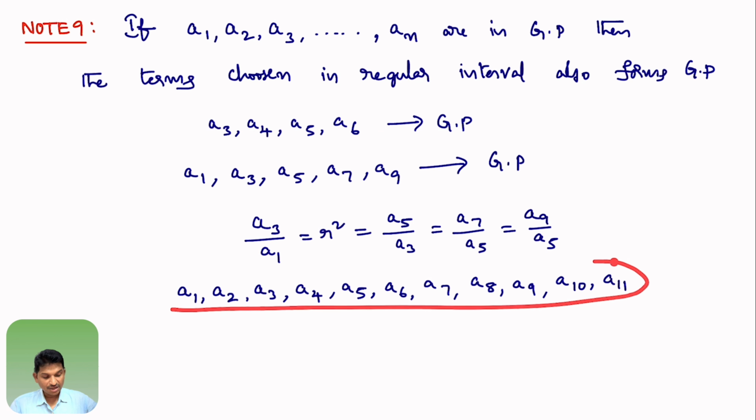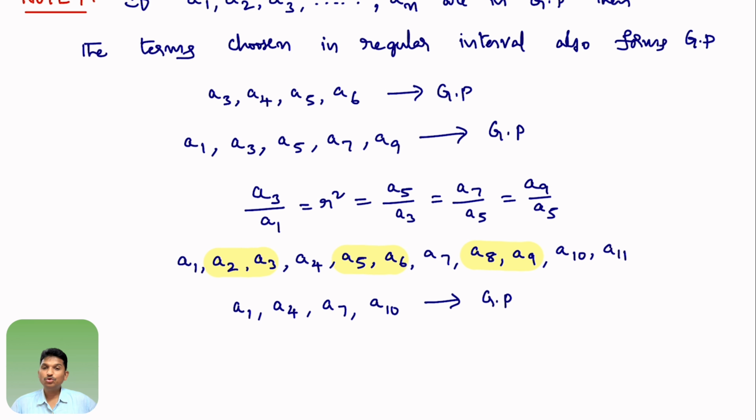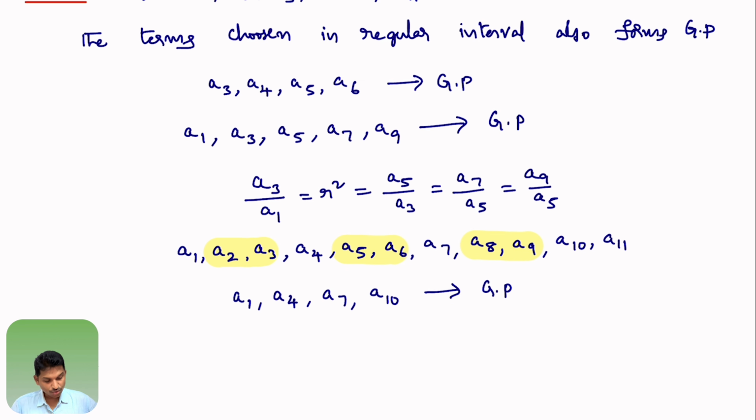Suppose terms are like this, they are in geometric progression. You choose them by leaving these two terms, leaving these numbers. So you choose A1, A4, A7, A10. They also form a geometric progression. How do you know that? Just check the common ratio.